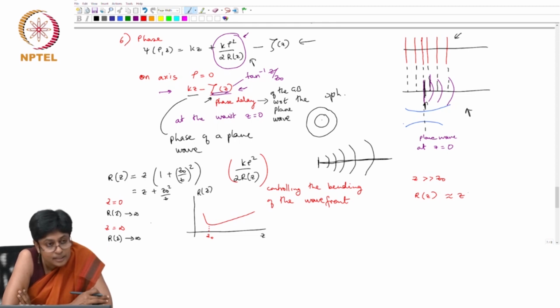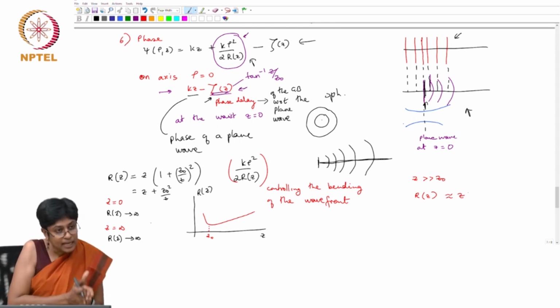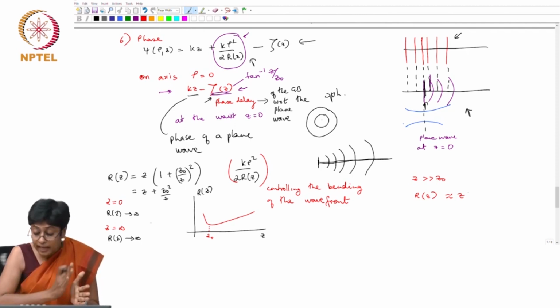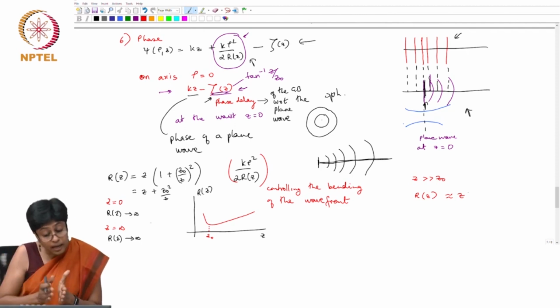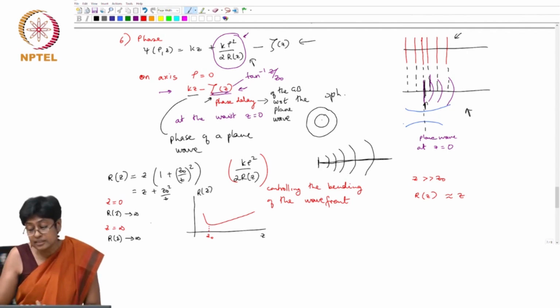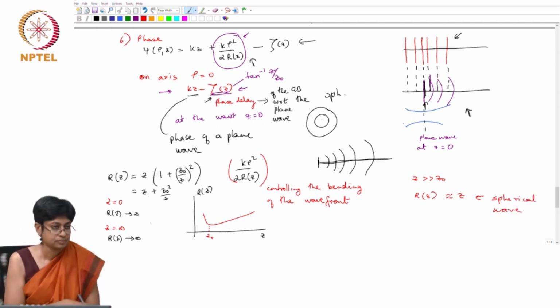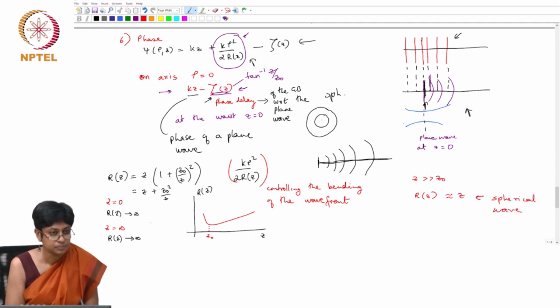So again, if I'm at z naught, that's where I have the largest curvature. If I go beyond that, this starts becoming like a spherical wave. Because I'm going to have k rho squared by 2z.